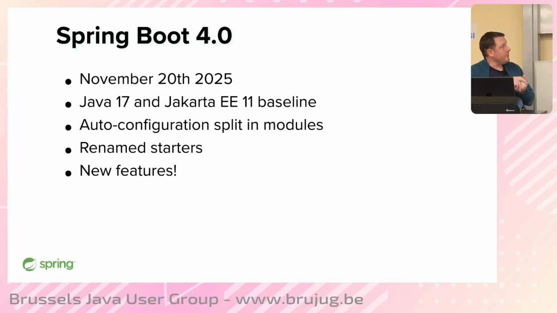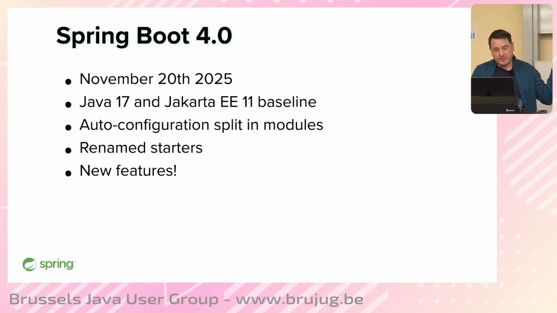The whole point of today's session is to talk about Spring Boot 4. Spring Boot 4 was released last week, so that's really recent. This new generation keeps the baseline for Java, so you can still run Spring Boot 4 applications with Java 17. Of course, we recommend using the latest LTS. Java has an LTS scheme where every 6 months there is an intermediate release, and at some point they switch one to an LTS.